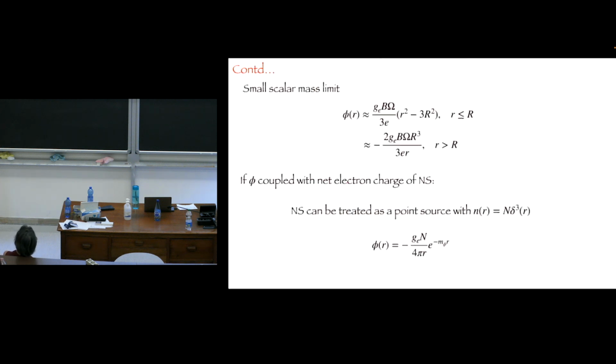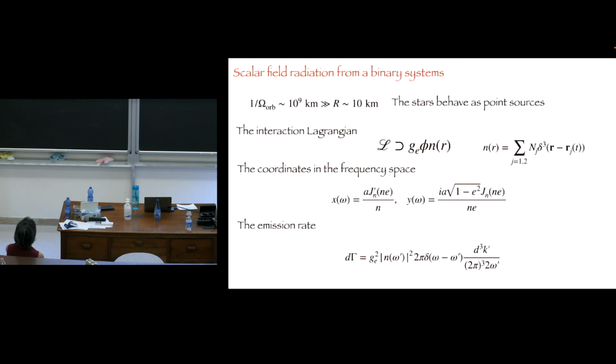For the small scalar mass limit, you will get a 1 over r Coulomb-like behavior. If the wavelength of the scalar field is very large compared to the size of the object, the scalar wave will see the compact object as a point. So you can do the point source approximation, and you will get a typical Yukawa behavior for the scalar field.